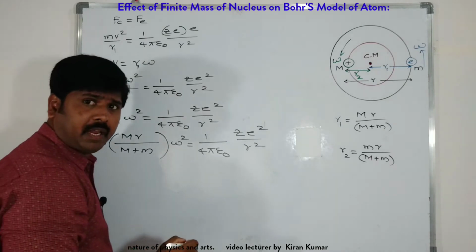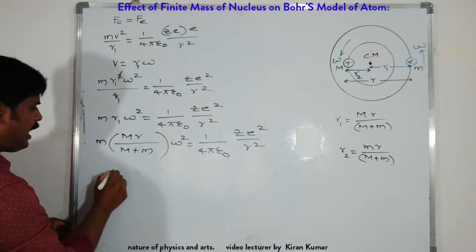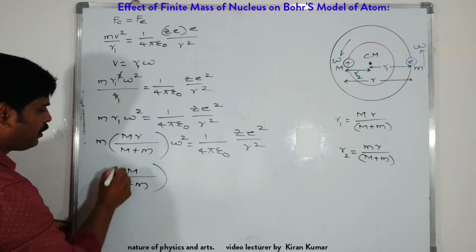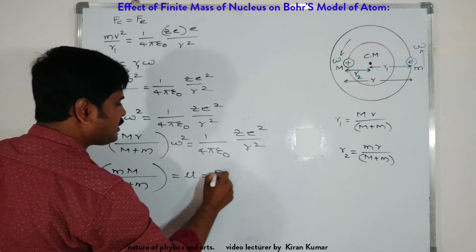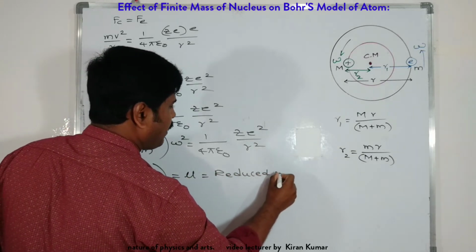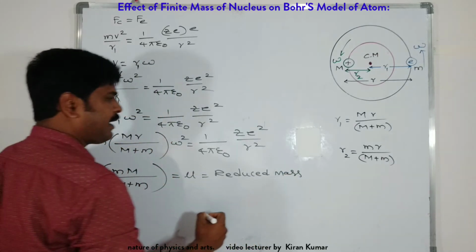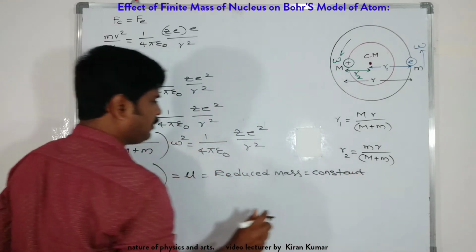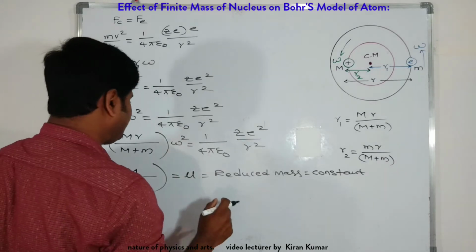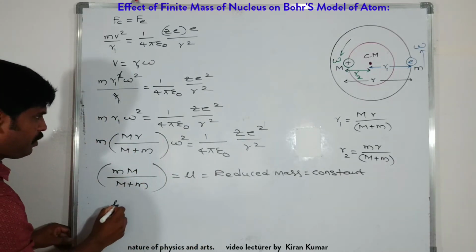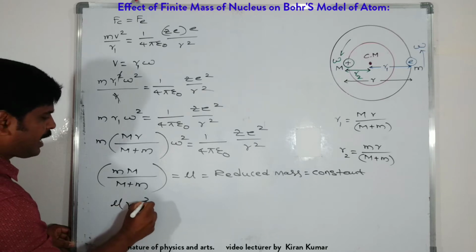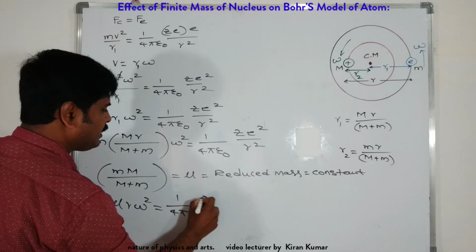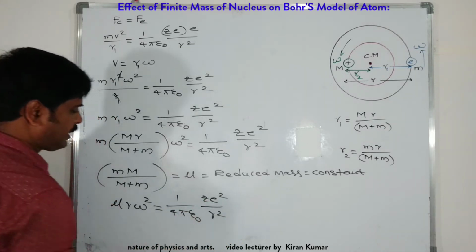Try to understand. Here we can write small m capital M divided by capital M plus small m, and that is equal to mu, the reduced mass. So we can consider that as constant. Step by step, we can discuss: mu into r omega square is equal to 1 by 4 pi epsilon naught Z e square by r square.